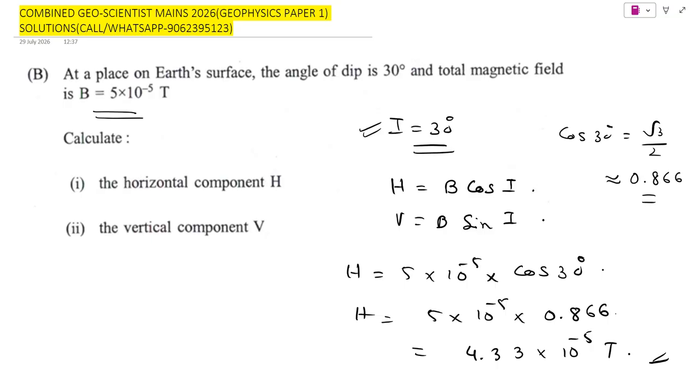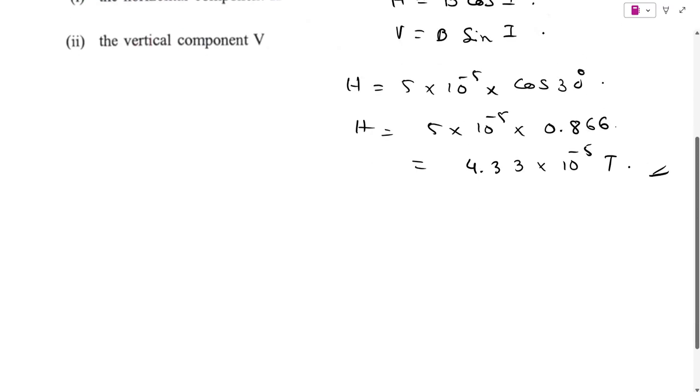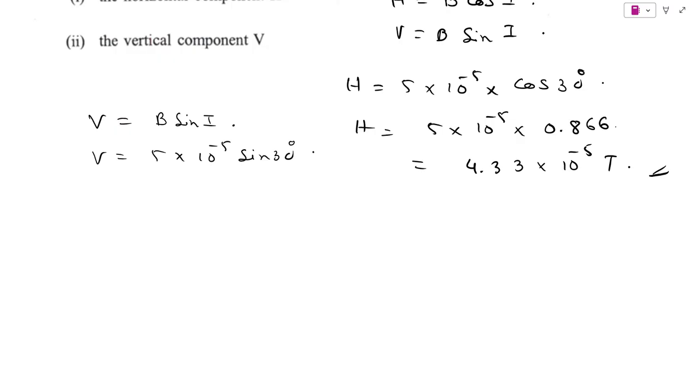All right. Now calculate the vertical component. Use V equal to B sin I. Substitute the values. And we know sine 30 degrees is 1 by 2.